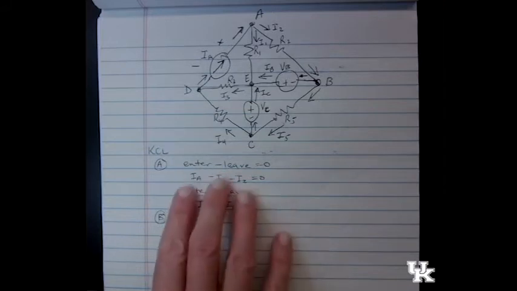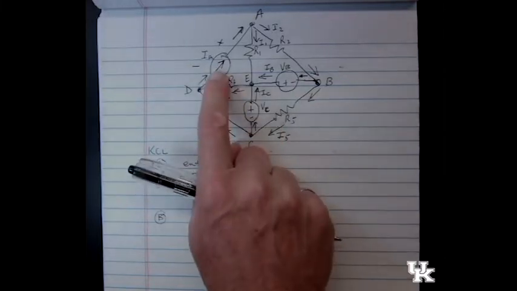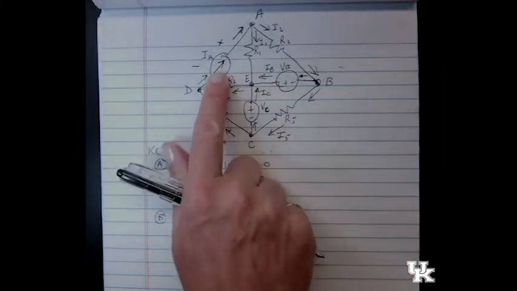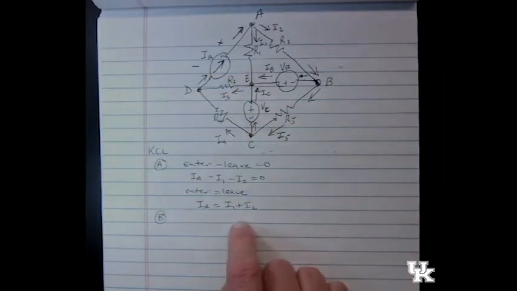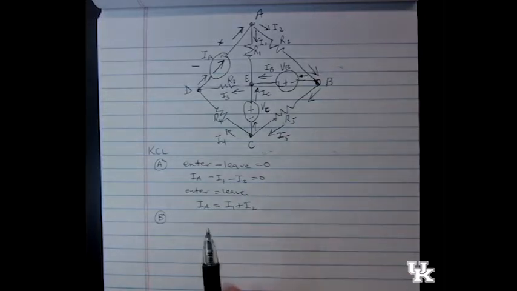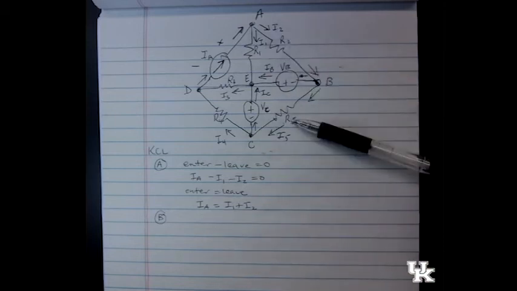So you ended up with 5 equations, and if we knew the source IA, how many unknown currents do you have? We would have to solve for each of the resistor currents.